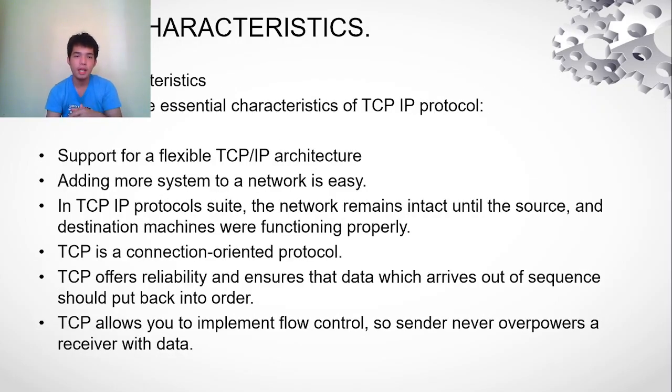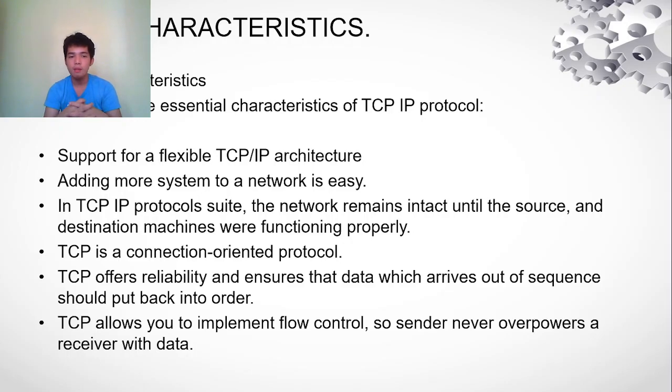So we have the TCP/IP characteristics. First, support for a flexible TCP/IP architecture. It is formally built, scientifically and systematically built. It uses mathematical or scientific procedures in order to create this kind of architecture.